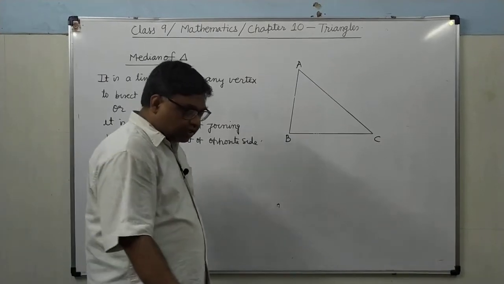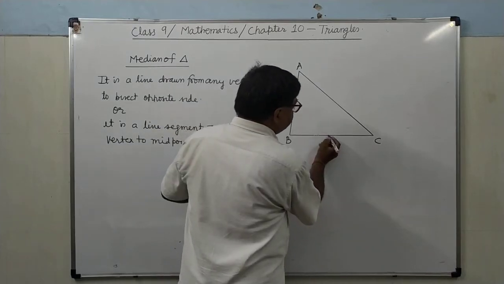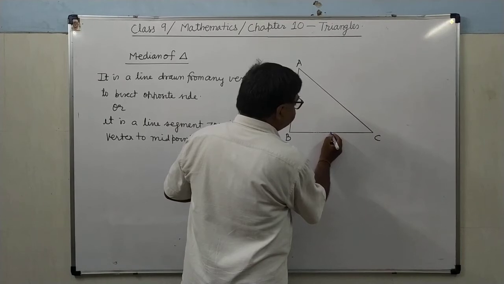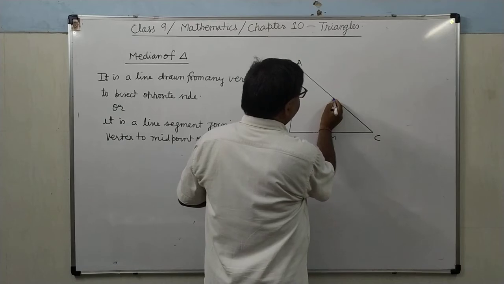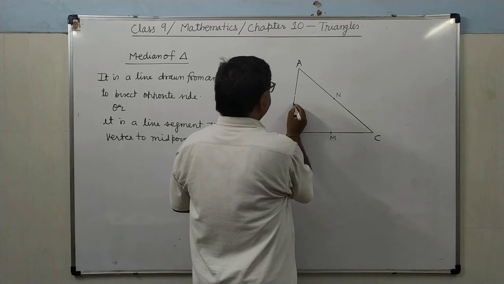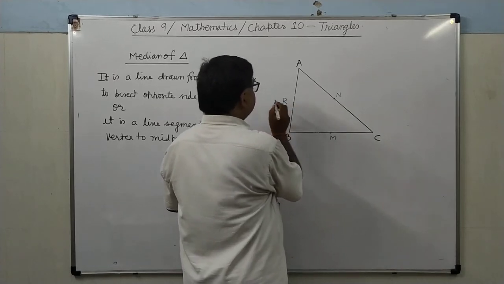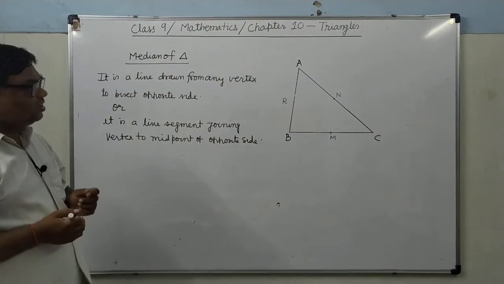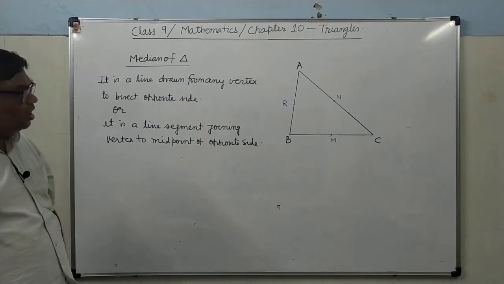I have taken the midpoint of BC as point M. Then take the midpoint of AC as N and the midpoint of AB as R.